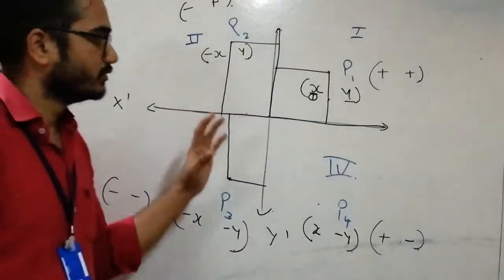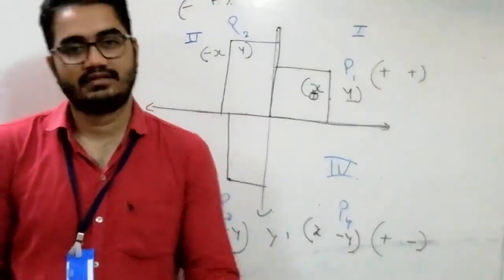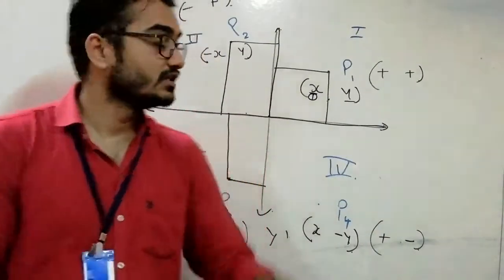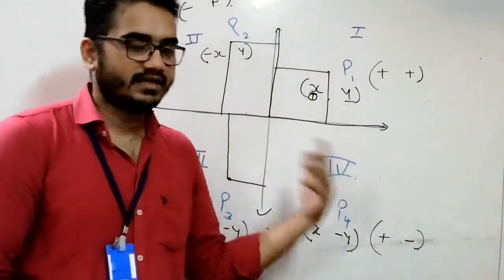Now let us talk about what we are going to learn from this chapter. I am talking about coordinate geometry in standard 10. All this we have studied in past standards like 7th, 8th and 9th.